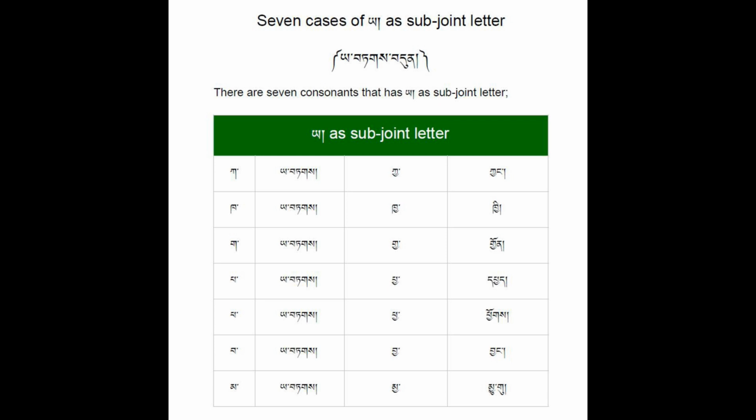And the way you pronounce this is first you pronounce the foundation of name, which in this case is ka, and then you pronounce the subjoined letter yatak. So you pronounce it as kayatak. When you combine the two sounds, it is kya.